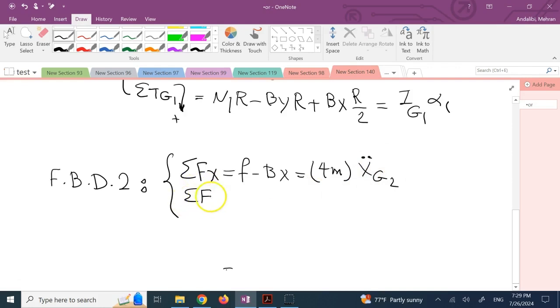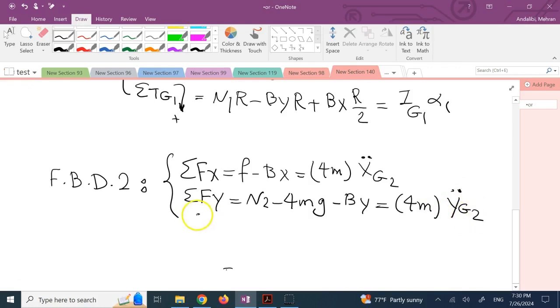Sum of forces in y equals N2 minus 4mg minus By. This equals again 4m times y double dot of G2. And then summation of the moments about G2.